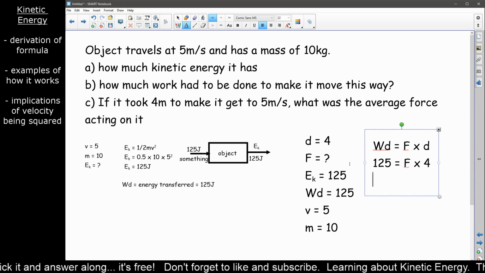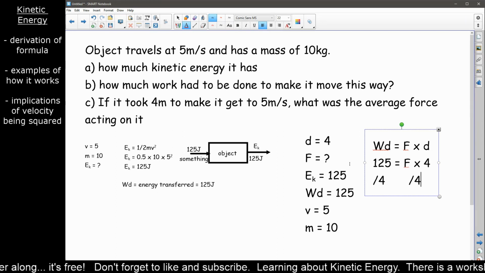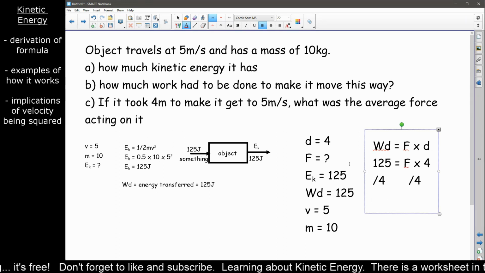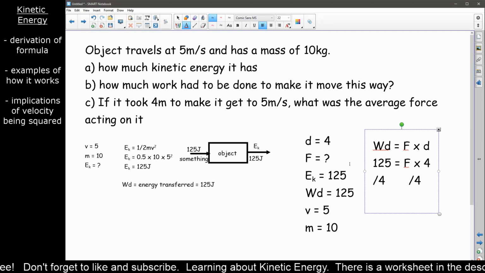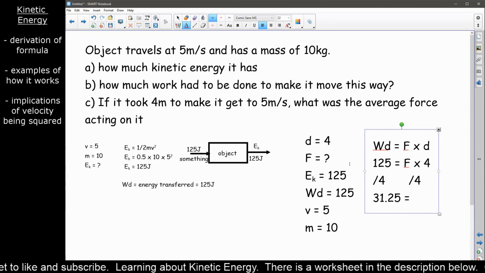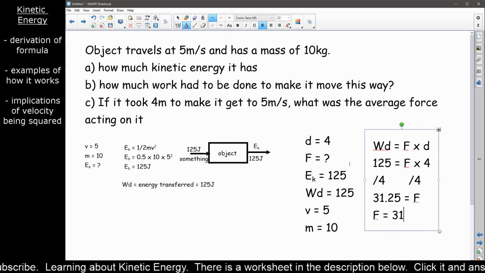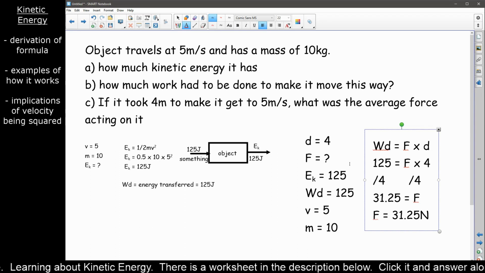We grab our calculators again so that we can divide both sides by 4, because we don't want F times 4, we just want F. And that allows me to calculate that 31.25 equals F. Written more nicely then, F equals 31.25 newtons. And it's as simple as that.